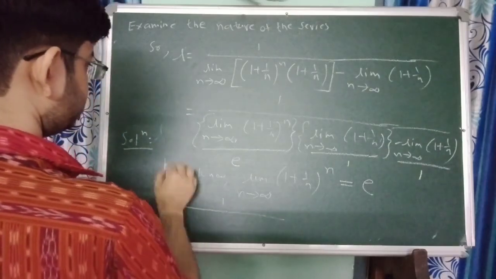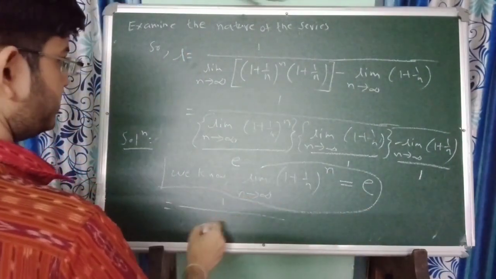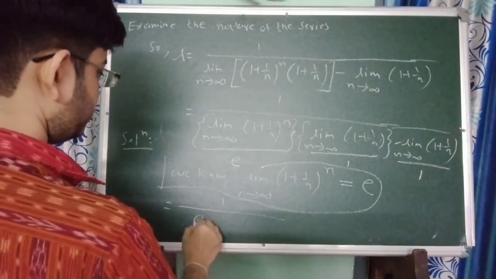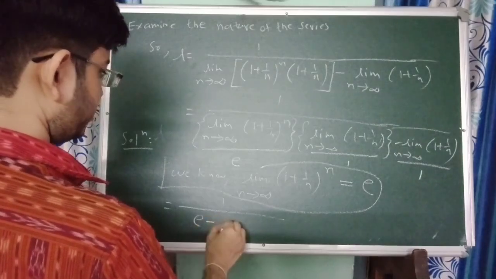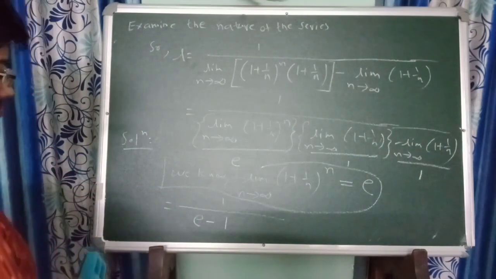So we have 1 divided by, this is e into 1 minus 1. This is 1 divided by e minus 1.